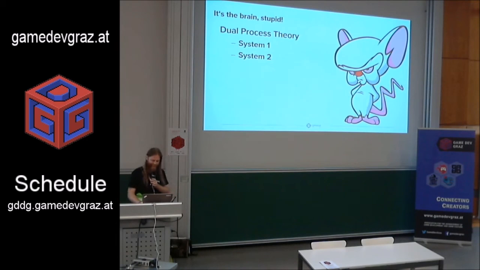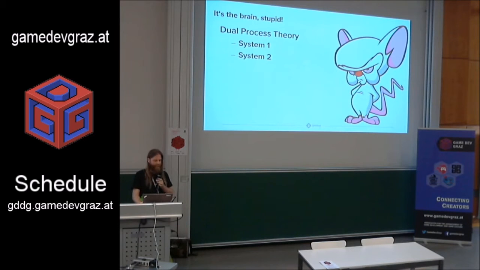System 1 is all the things you do if you are on autopilot. Everything that comes easy to you happens in System 1, and if you actually think about something and reason about it and ponder it and so on, that happens in System 2. System 2 takes a lot more energy and is much harder to turn on and use.